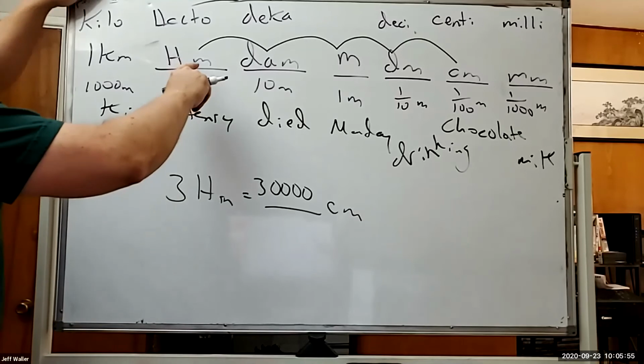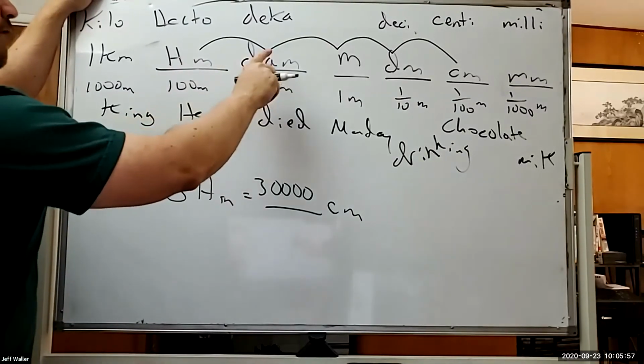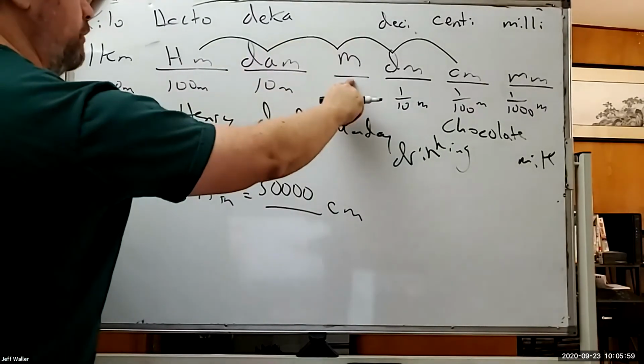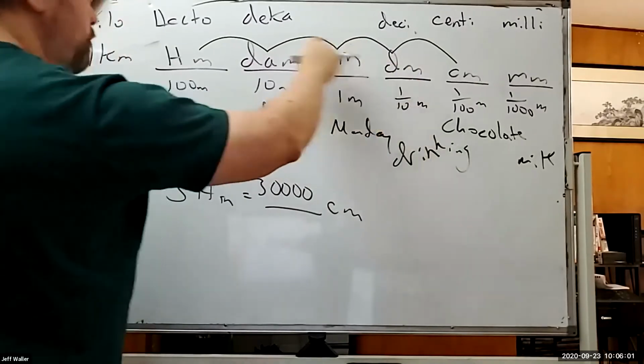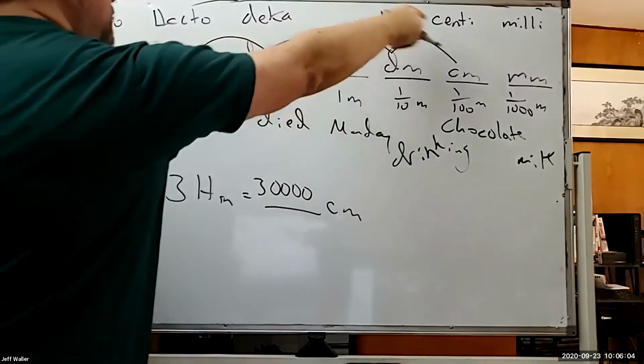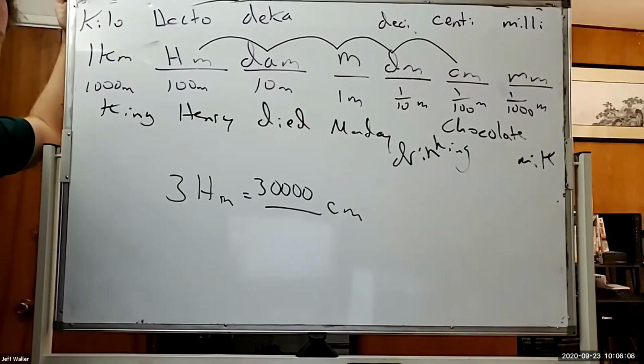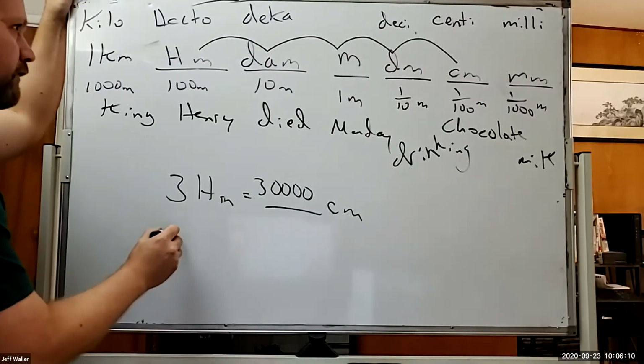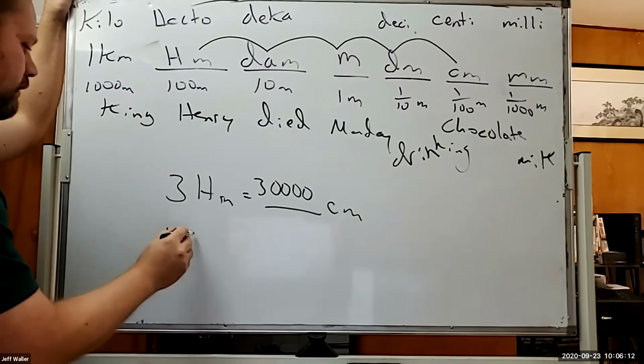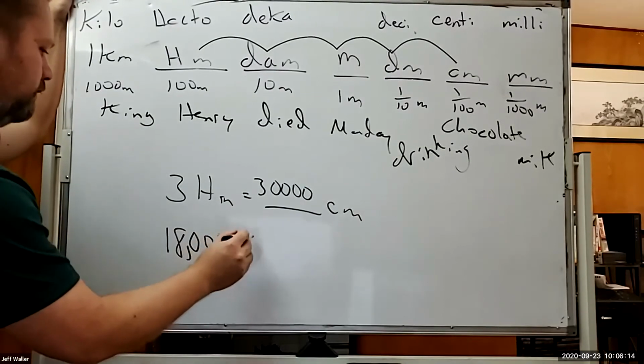Because every hectometer is 10 of these, and every one of these is 10 of these, and every one of these is 10 of these. So of course it's 10,000 times 3, 30,000. So let's try this. What if I had 18,000 deciliters?